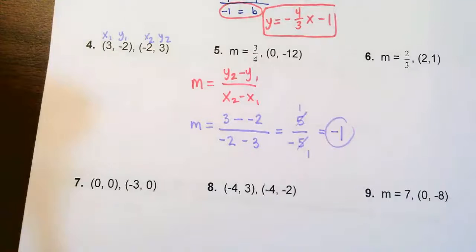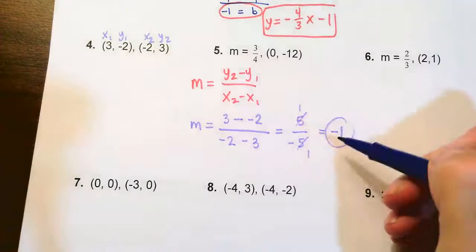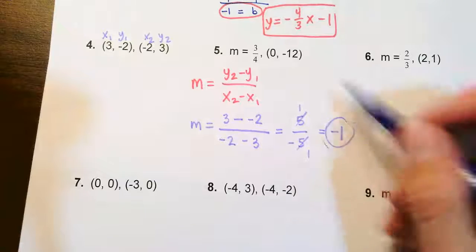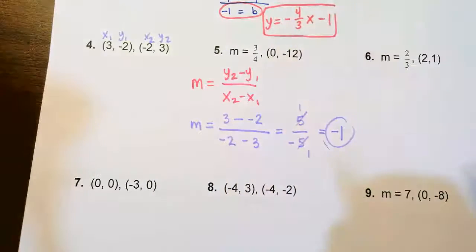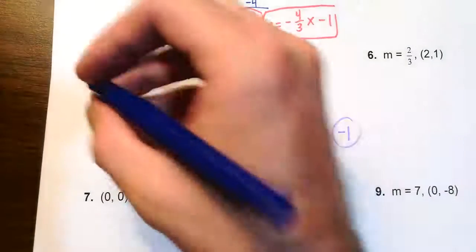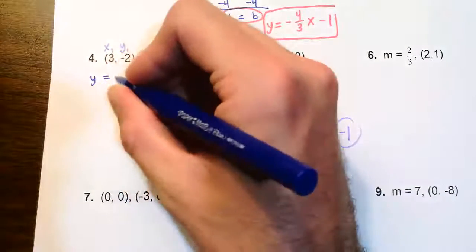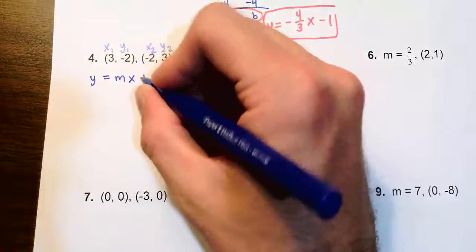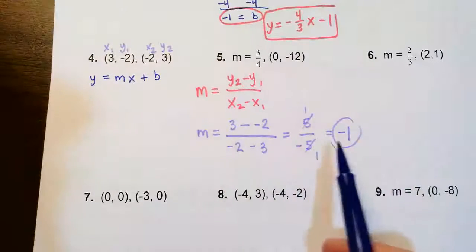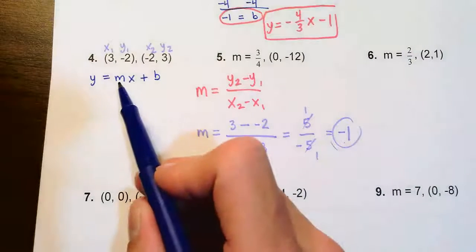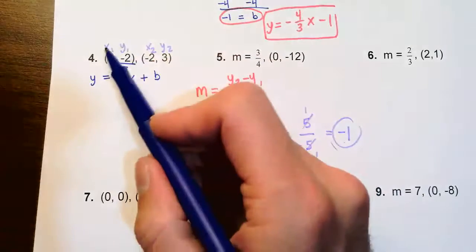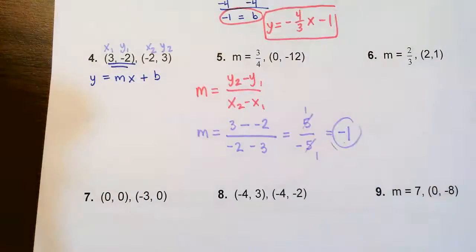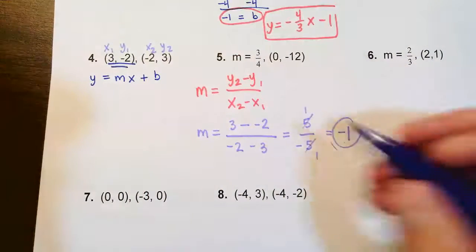Now I'm going to do the same thing I did on that previous problem, where I take my slope and one of these xy points and plug it into the regular slope-intercept equation. To make this a little more clear, I'll write out slope-intercept form. I'm going to take the slope that I just found as m, and use this point right here for my x and y. I could use either one, I should end up with the same thing.